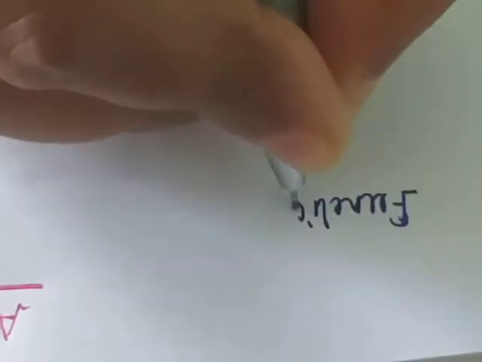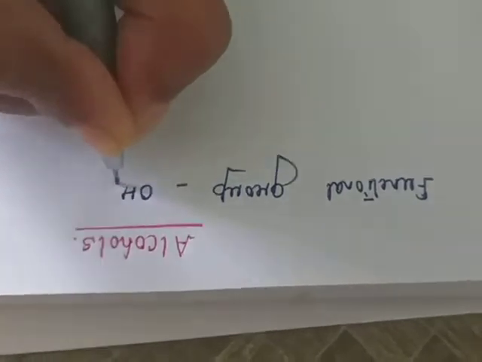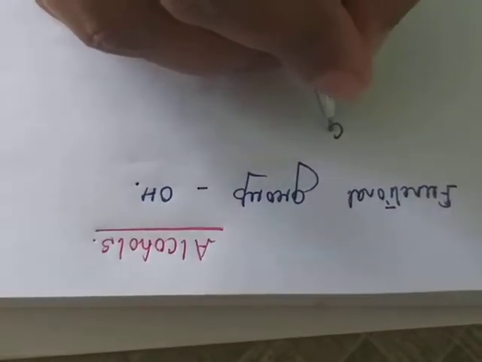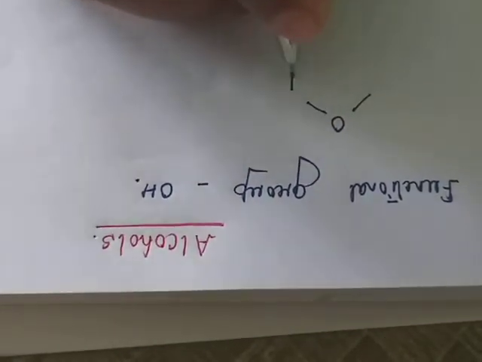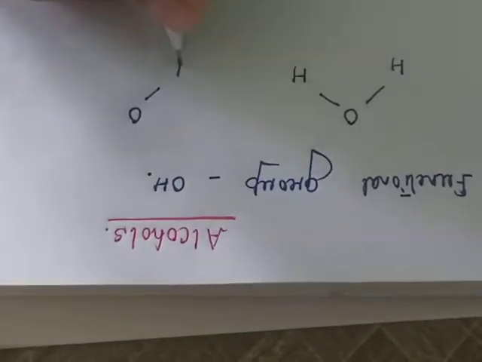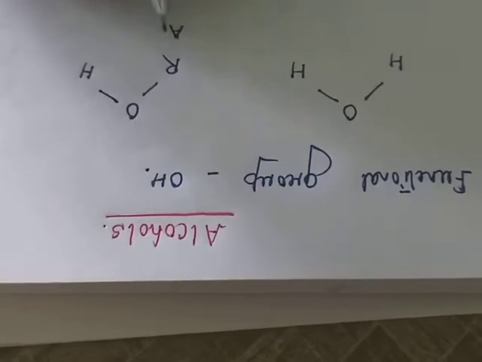Now, let's start. The first one, alcohols. The functional group is OH. In fact, alcohols and ethers are both derivatives of water. If one of the hydrogens is replaced by an alkyl group, this is alcohol.